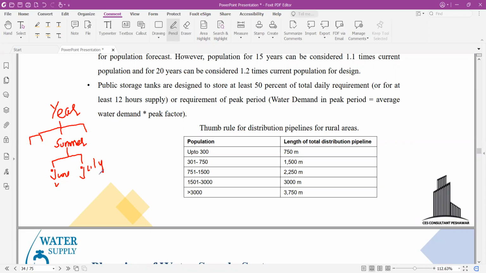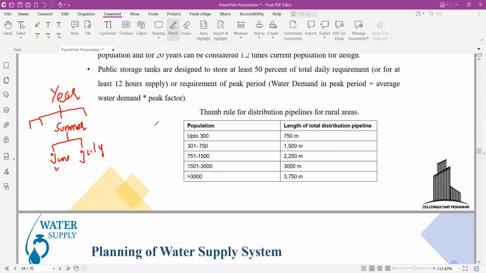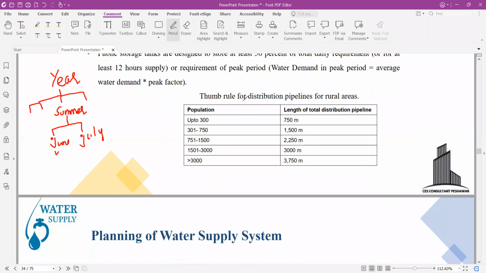We will, inshallah, do some examples when we start the case study, on how to calculate the peak factor for any community, and based on that how to calculate the average or the total demand for a society.